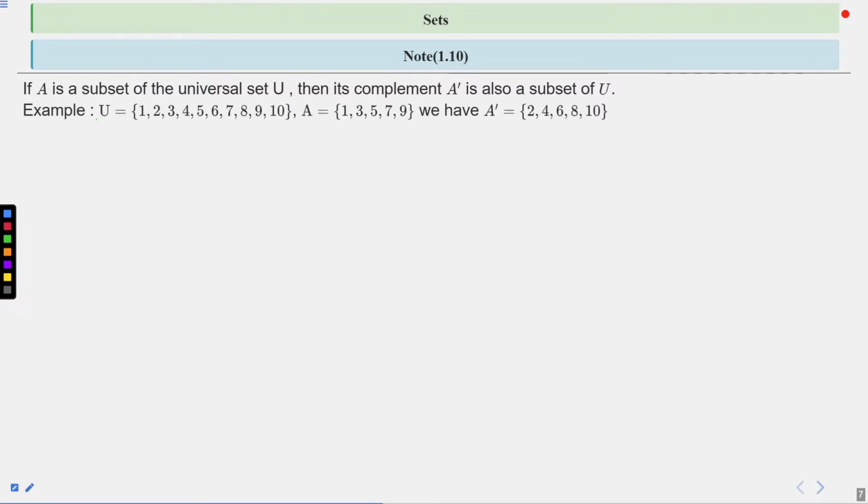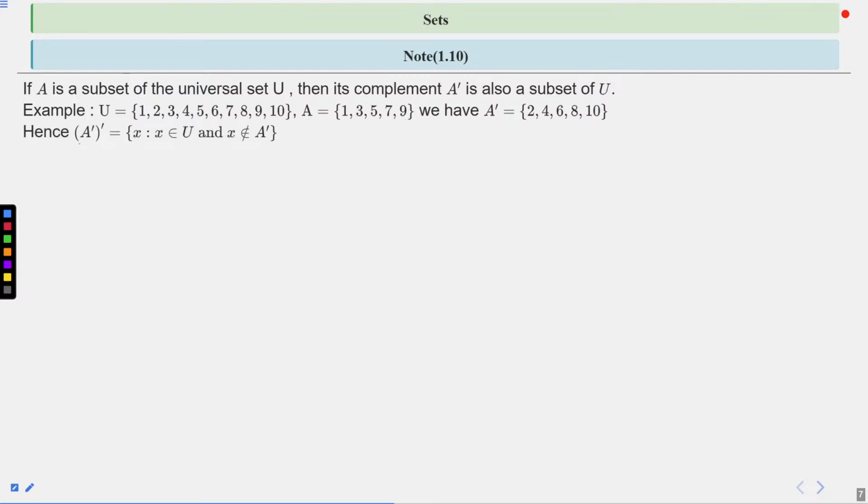So for example, if you have a universal set with the first 10 natural numbers, and A as your subset, 1, 3, 5, 7, 9, then A complement will be your set with these 5 elements 2, 4, 6, 8, 10. Clear? So both A and A complement are subsets of this universal set U.